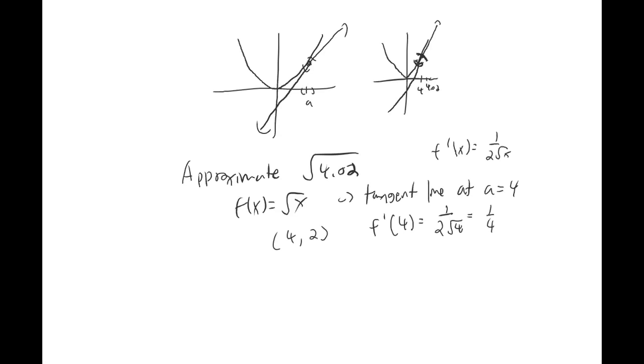So your tangent line is y equals 2 plus 1/4 times (x minus 4). Everyone good so far? I did that a bit fast, but that's the equation of the tangent line. Did I need to slow down?